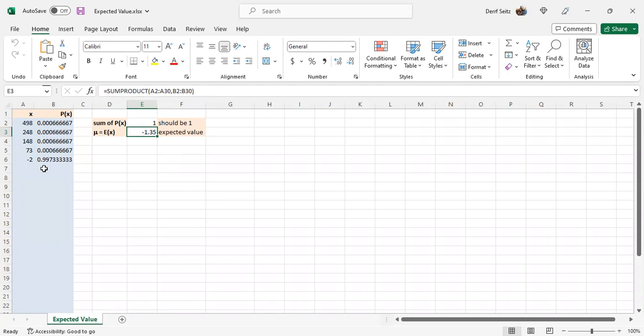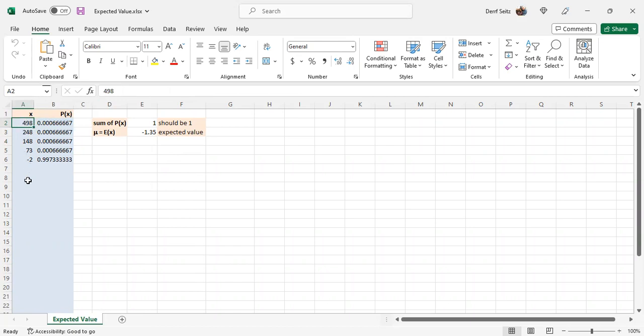This represents a selling of a ticket where there are 1,500 tickets being sold, and some prizes are being awarded. There's one ticket out of the 1,500 which will award you $500.